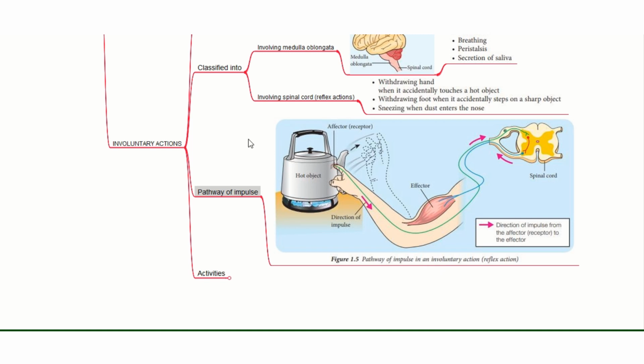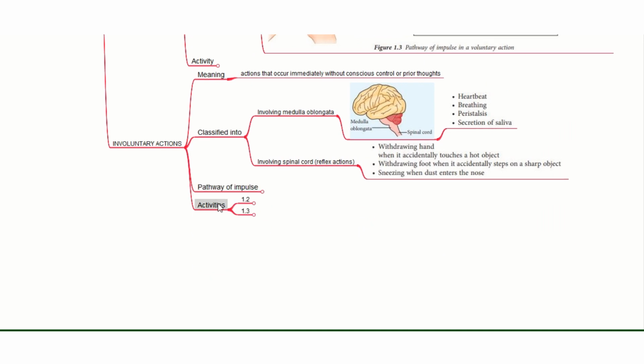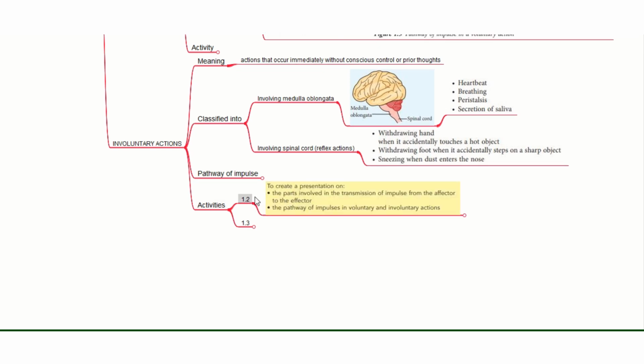All right, for the involuntary actions, there are two activities, 1.2 and 1.3. For activity 1.2, create a presentation on the parts involved in the transmission of impulse, the pathway of impulses in voluntary and involuntary actions.